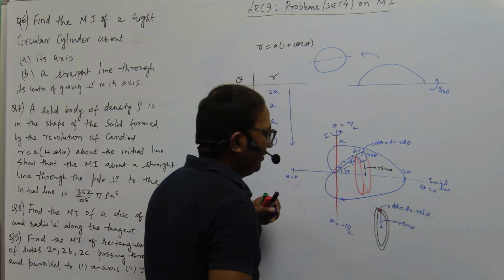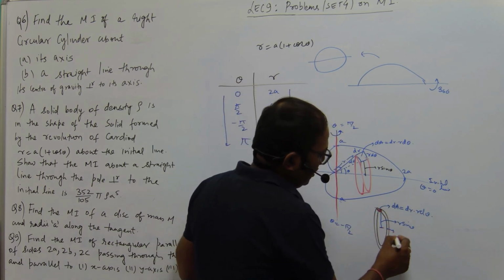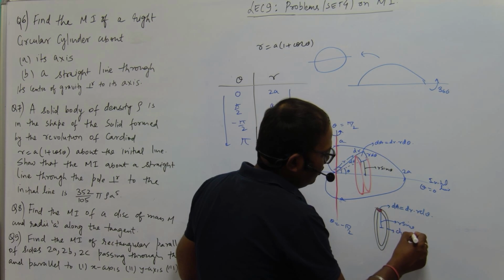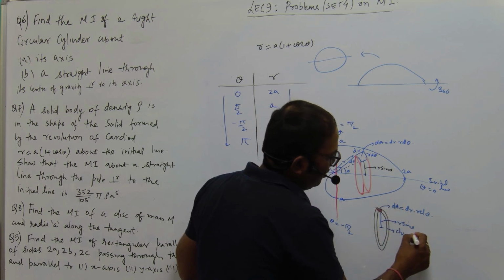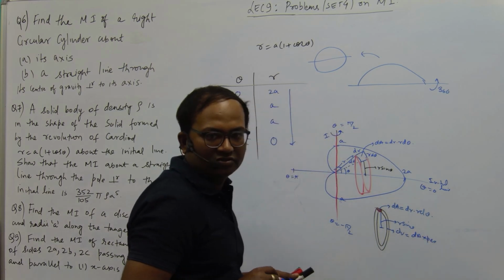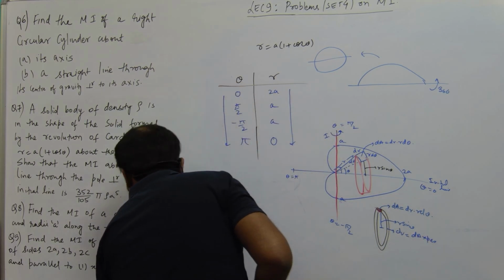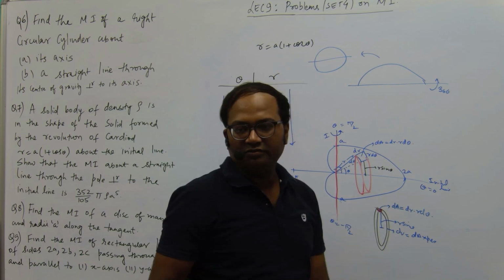So we have the elemental volume dV is equal to dA into perimeter.